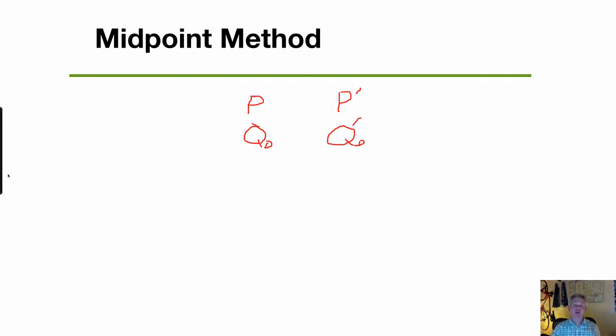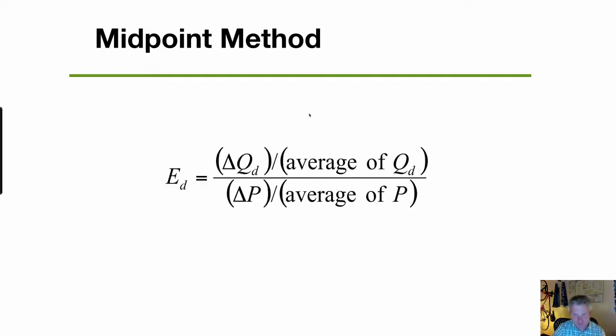So that percent change problem goes away. So here's what it looks like. It's kind of ugly and gross looking, but you'll see that it's actually not too tricky when you break it down. So we're going to find the change in the quantity demanded divided by the average of the two quantities. Average of what two quantities?